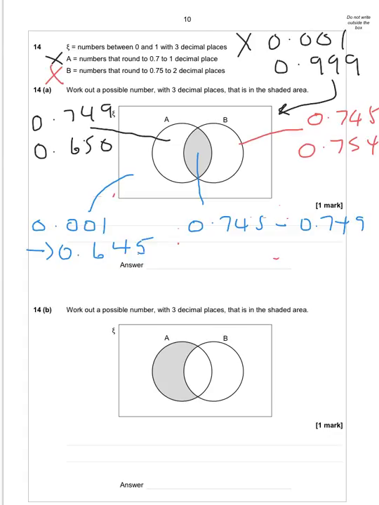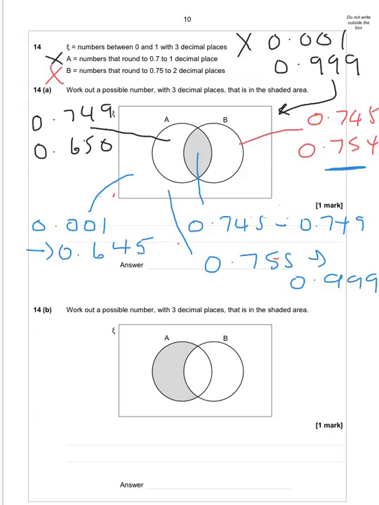And also in here, anything that is bigger than this value here. So it's going to be 0.755 up to 0.999. So this is a perfect example of really how not to set out your question.